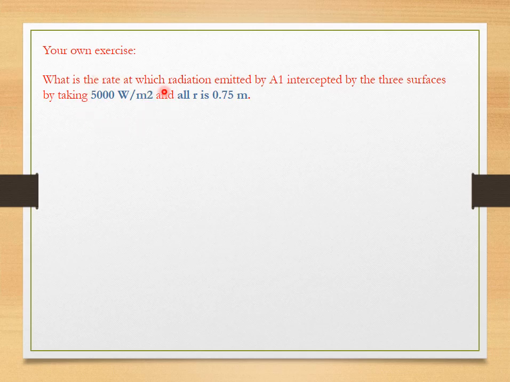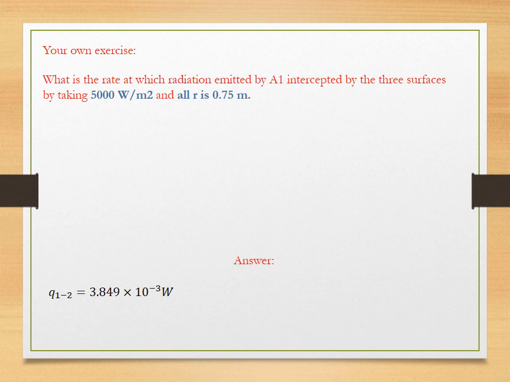The original question is 7000, so change to 5000, and the original is 0.5, so change to R equal to 0.75. So try to get Q12, Q13, and Q14.